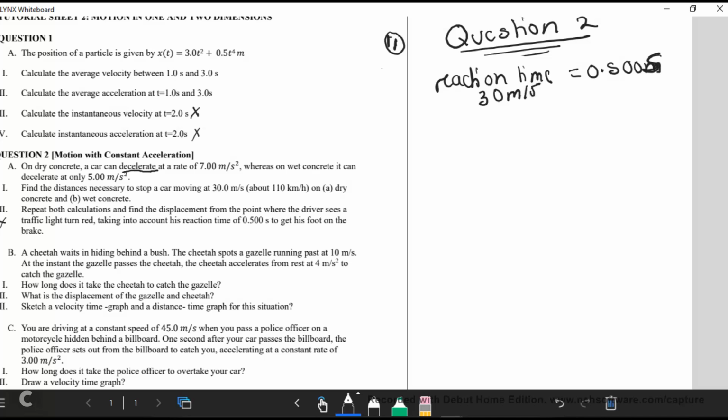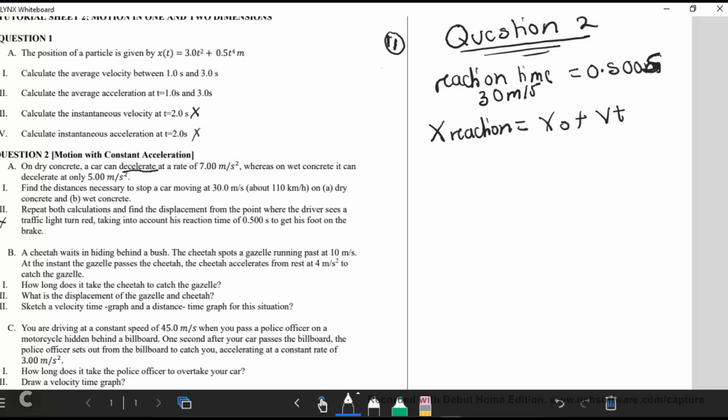For us to calculate the displacement from the time they started braking and the point of the reaction, we need first to calculate the displacement for the reaction time. So how do we calculate the displacement for the reaction time? It's the same thing, plus vt.